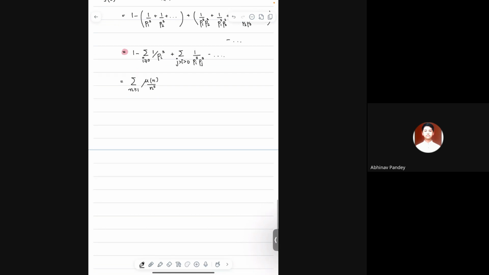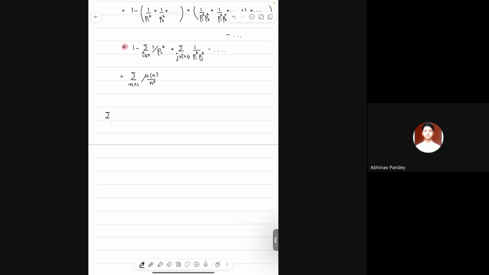So now if s is equal to 1, what do I have? I have the summation of mu n divided by n. I know the definition of mu of n, so let me try to think about what this sum looks like. Mu of 1 is 1, so 1 divided by 1.